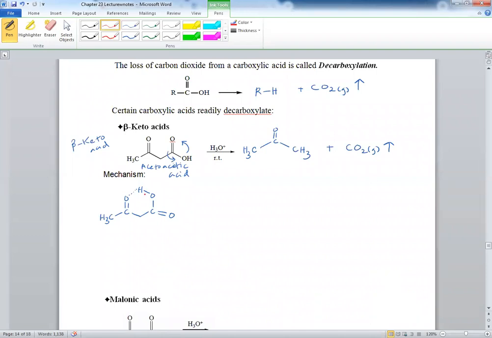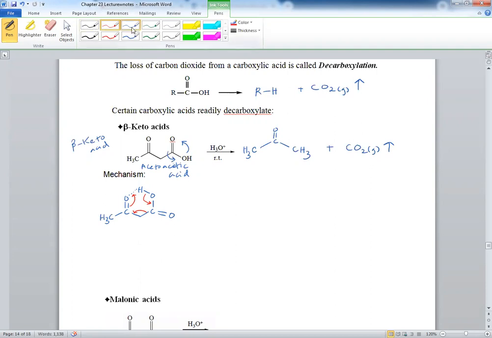This is concerted. What's going to happen is that these electrons are going to shift down and form a double bond. This bond is going to break and form a double bond there. And then these are going to go and form a bond between the oxygen and the hydrogen.